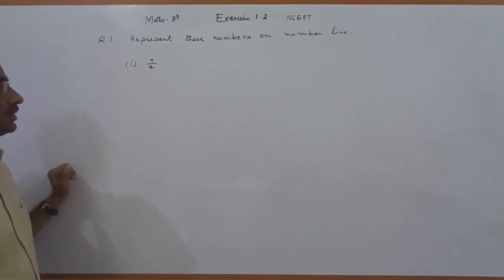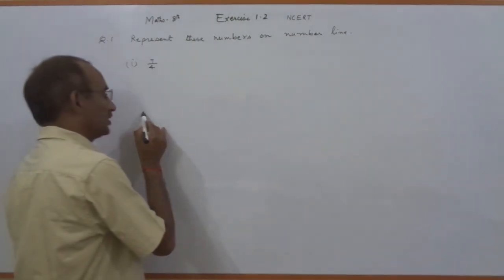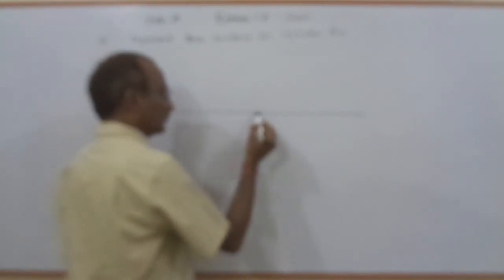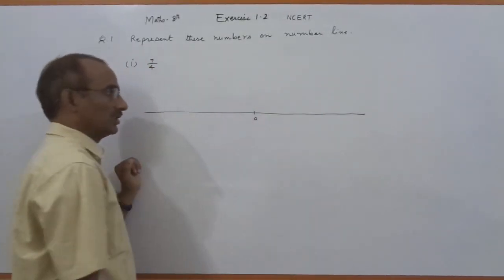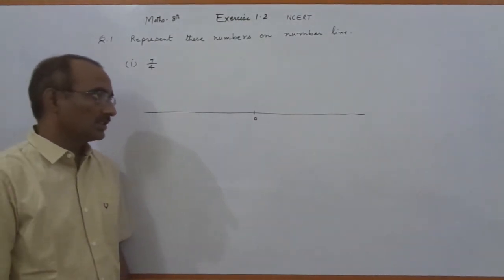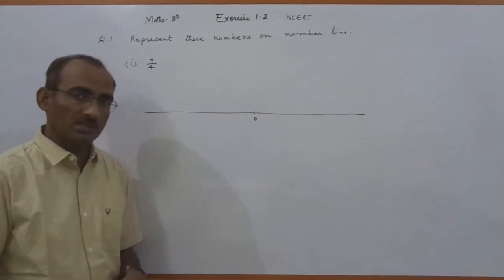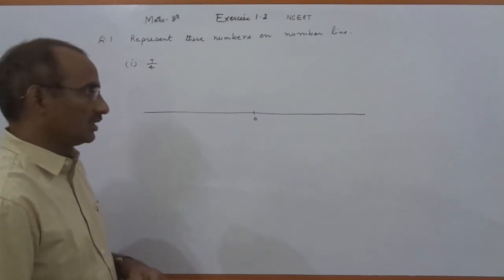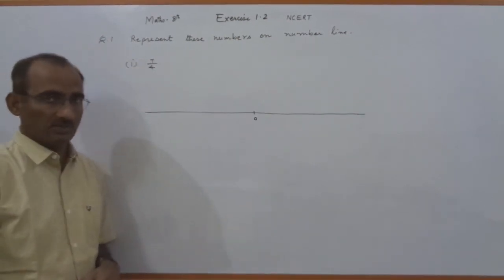To represent 7 upon 4 on the number line, first of all we have to draw a number line and we take 0 in the middle. We have studied that on the left hand side of 0 we take negative rational numbers, and on the right hand side of 0 we take positive rational numbers.